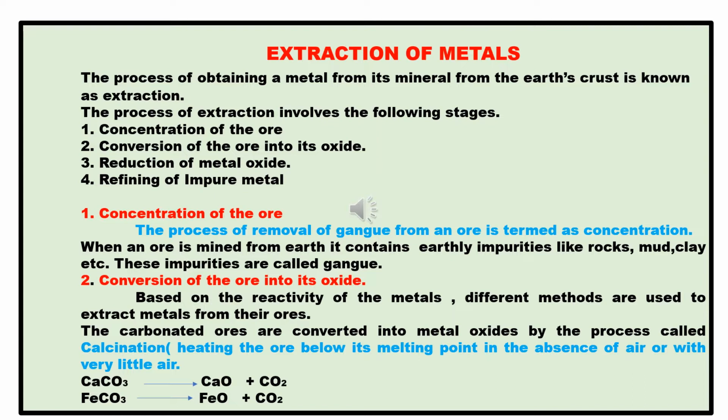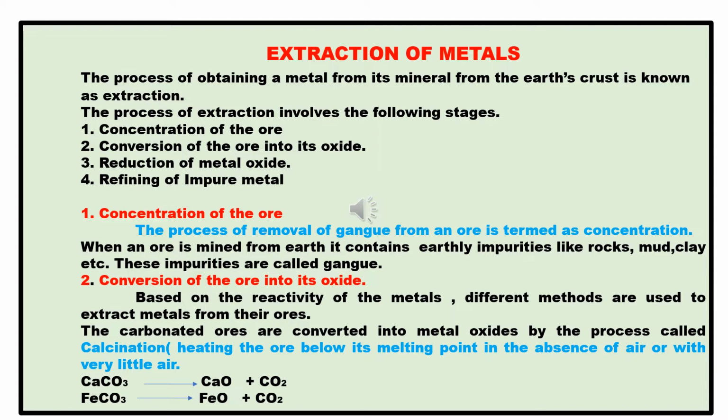So such minerals are called ores. All the ores are minerals, but all the minerals are not ores, because we cannot extract a metal from all its minerals. Only certain minerals are useful for extracting the metals. So such minerals we call ore.